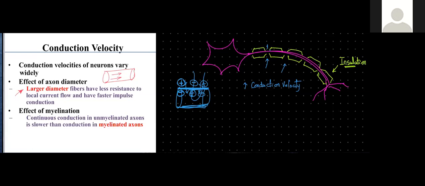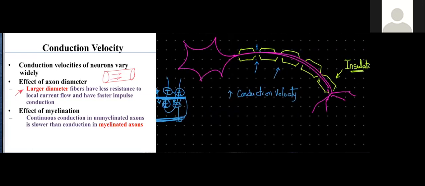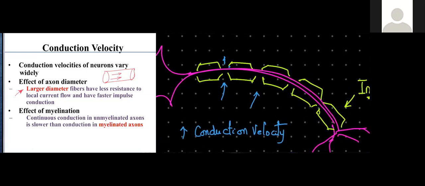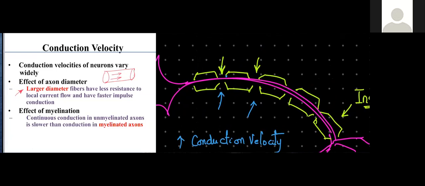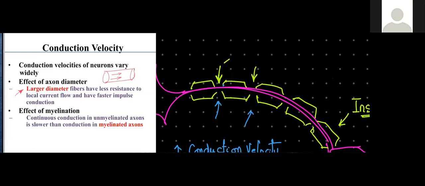So how would I conduct the electrical impulse along the plasma membrane? Remember, the myelin sheath is not gonna be fully covering the nerve fibers, the axons. We did have those interruptions in the myelin sheath. If you remember, we call those the nodes of Ranvier.